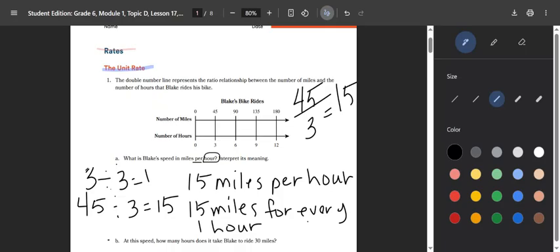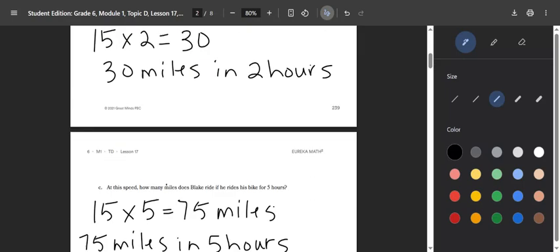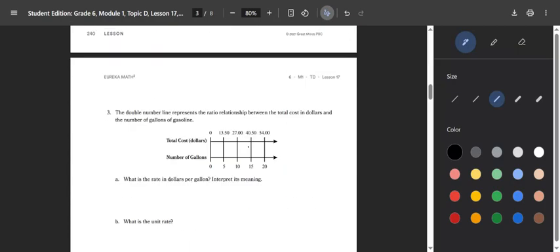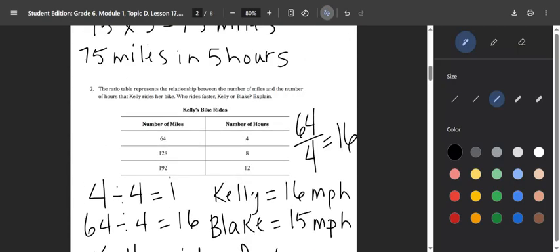So when you're finding unit rate, all you have to do is divide the first quantity by the second quantity to get the denominator down to 1. So what you want to be 1 goes in the denominator. Remember, a fraction is division. When you see the fraction bar, just say divided by.